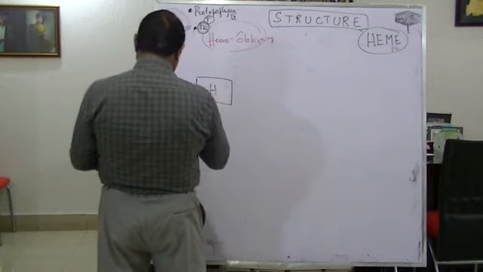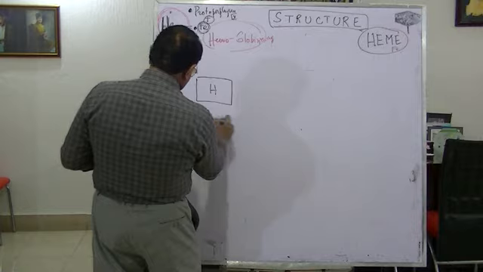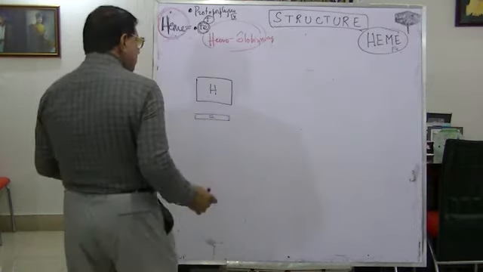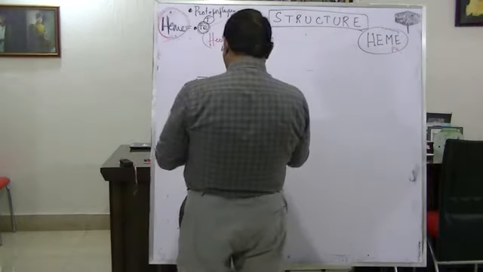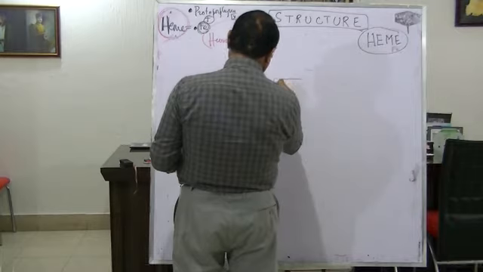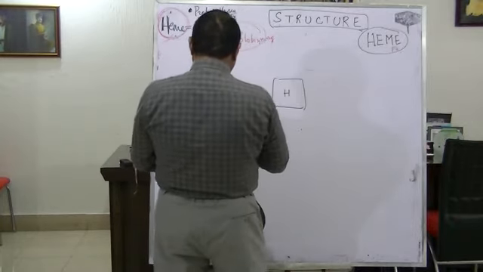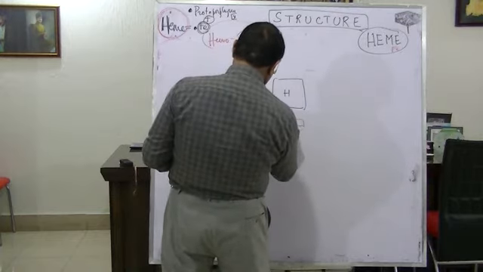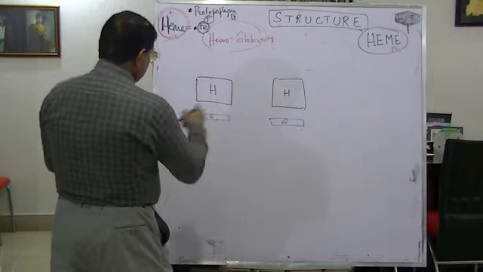One heme and one globin. This is the structure of myoglobin. Supposing we have got another heme and another globin, all right. Then you've got, so there are 2.